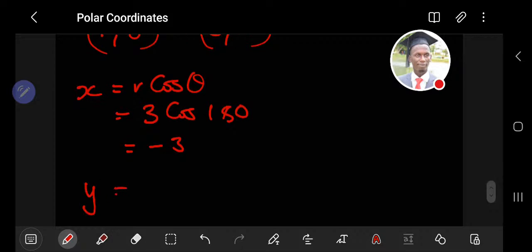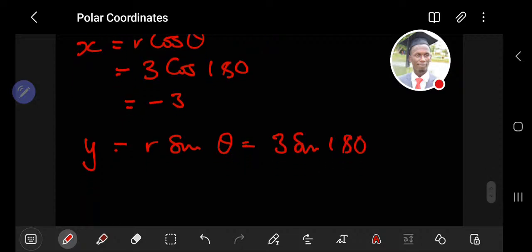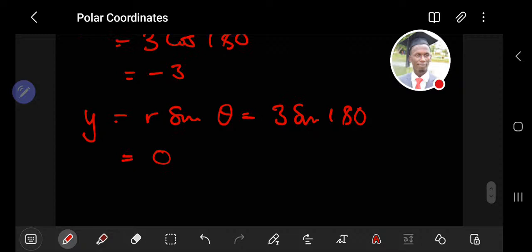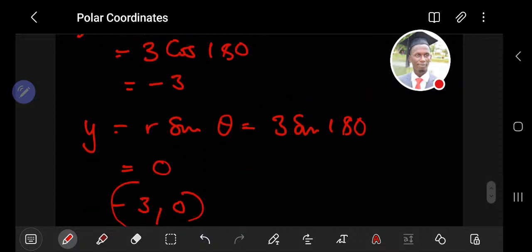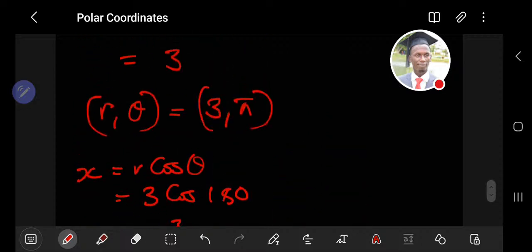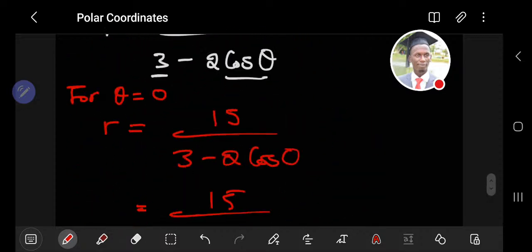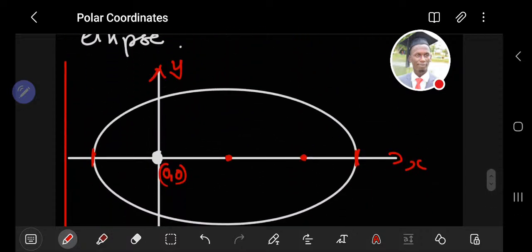And when we try for y, r sine theta, this is 3 sine 180. Sine 180 is 0, so this ends up being 0. So you have -3, 0. These are the vertices. So playing around with the angles actually gives you the vertices. So one vertex is at -3, 0. If you look at this diagram, it can only be one of them.